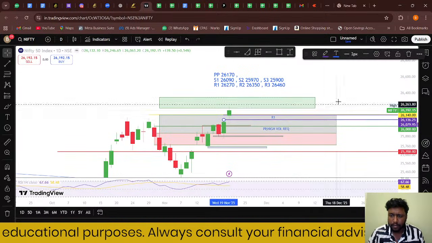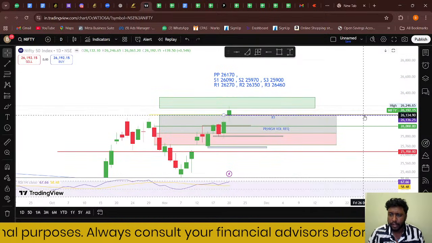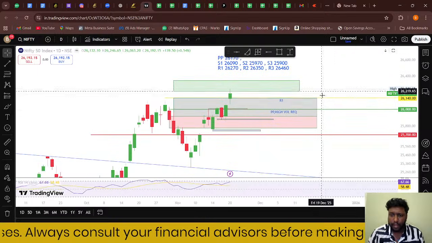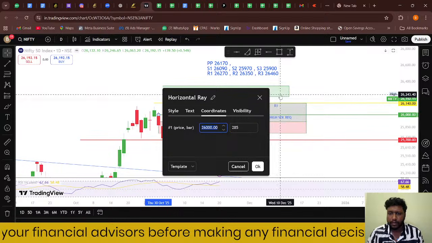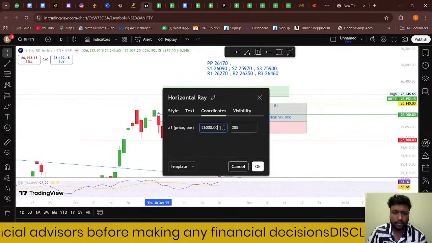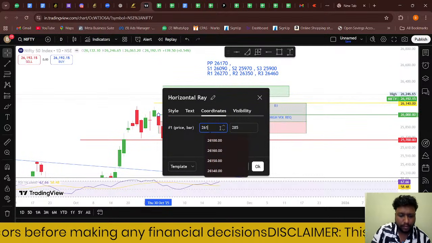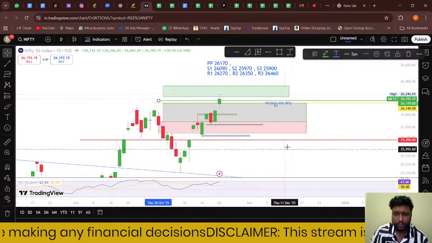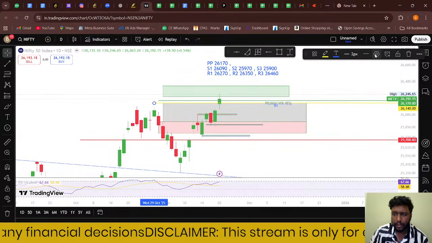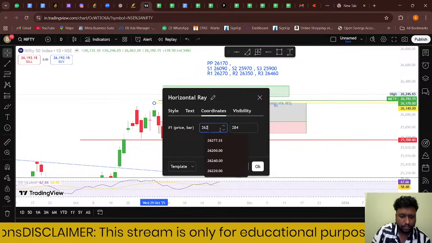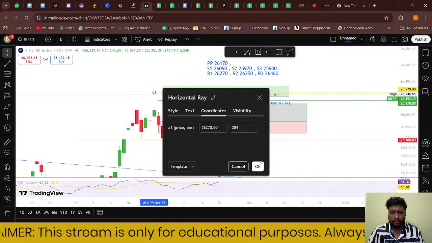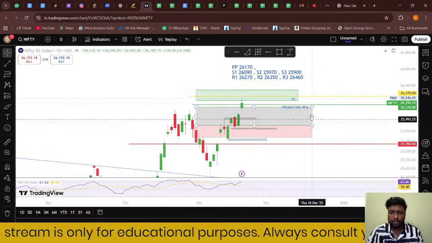So we'll remove this 15-minute range thing. The pivot line lies at 26,170, and R1 will be at 26,270.